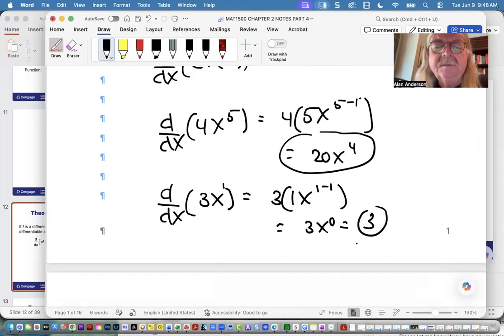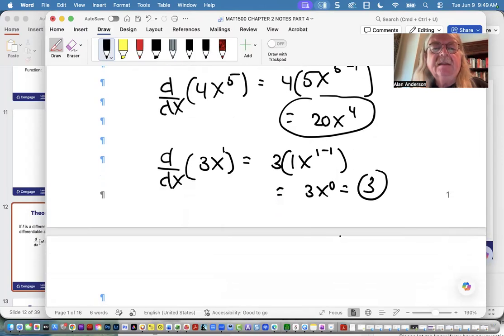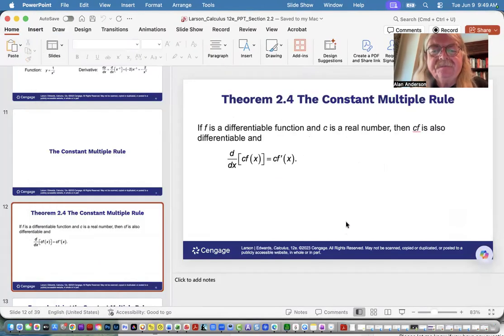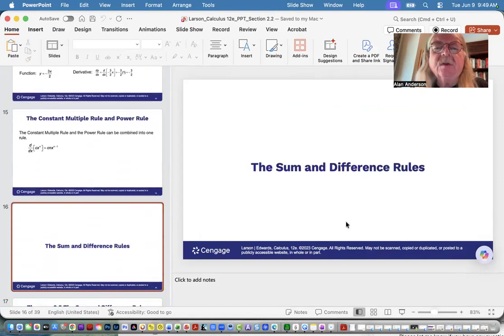So whenever you're differentiating x or a function of x, or a constant times x, you're going to wind up either with 1 or a multiple of 1. And then, of course, even here, just a constant leads us to 0. And then they gave us a few more examples, which we looked at.